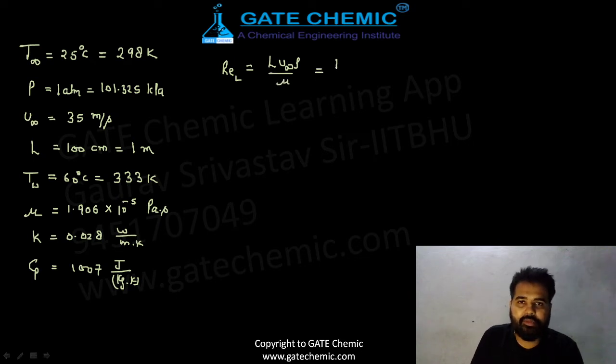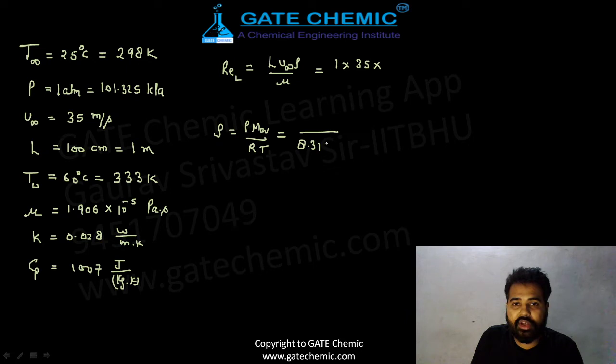So L U infinite rho by mu. L is 1 meter. U infinite is 35. Density rho. Oh my god, density is not there. So density, this is air, so the density formula you know: P M average by RT. If you take the value of R as 8.31451, then pressure must be in kilopascal, that is 101.325 kilopascal.